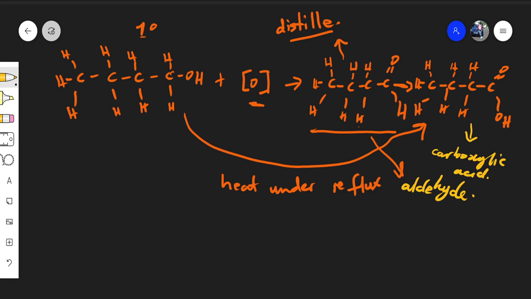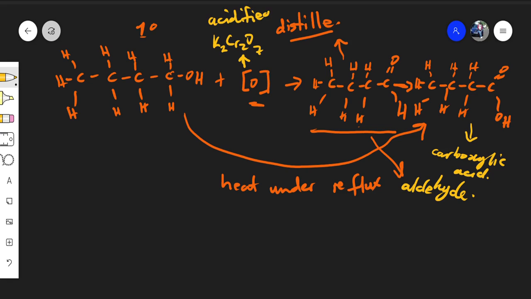So yes, this is actually what will happen. So this is your primary alcohol, and remember, our oxidizing agent is potassium dichromate, right? And remember that your potassium dichromate is acidified.